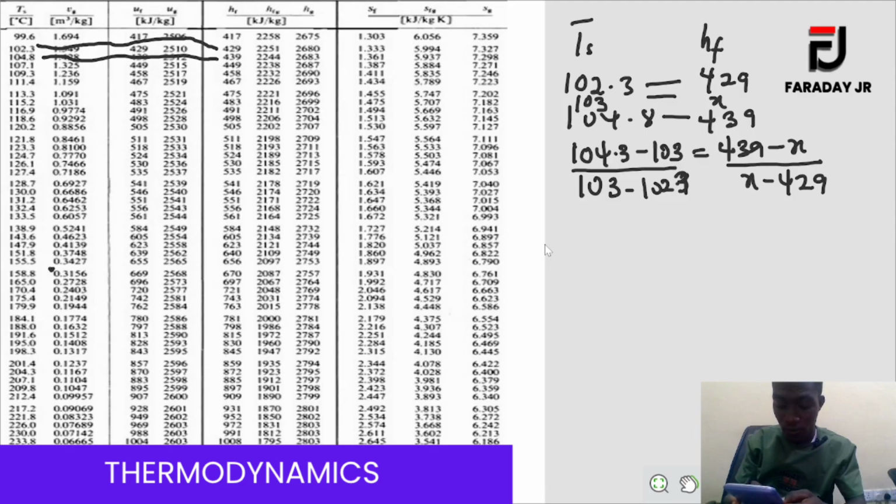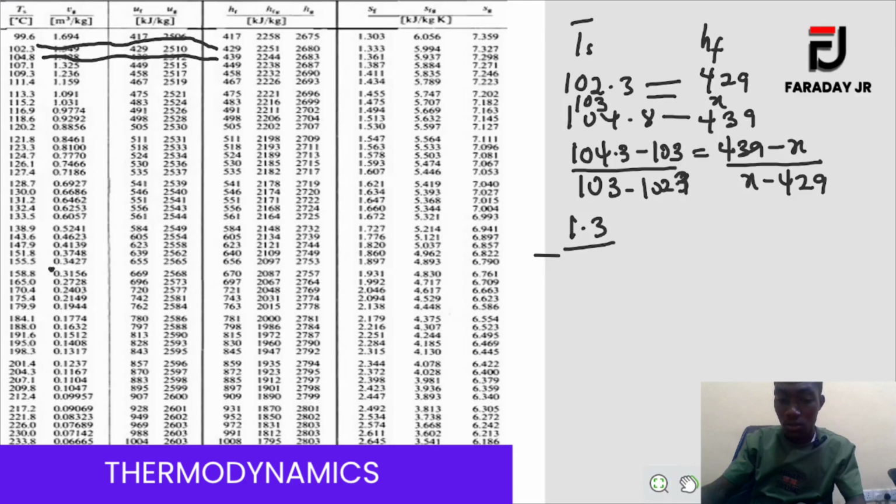What are you going to get? 104.3 minus 103, I think you're going to have 1.3 over here. Then the next one, 103 minus 102.3, we're going to get 0.7 as well.